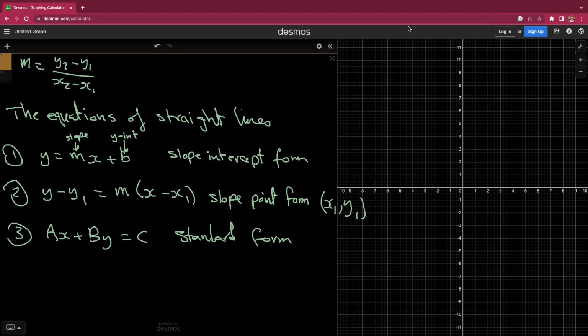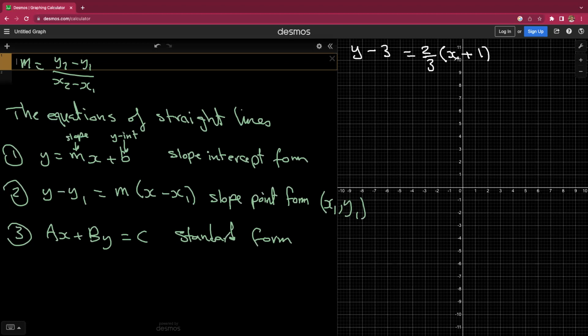Okay. So now I'm gonna go to the slope point form, and I'm gonna give you an example. I'm gonna give you y minus 3 equals 2/3 x plus 1.